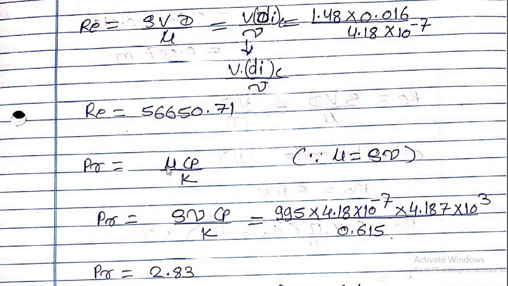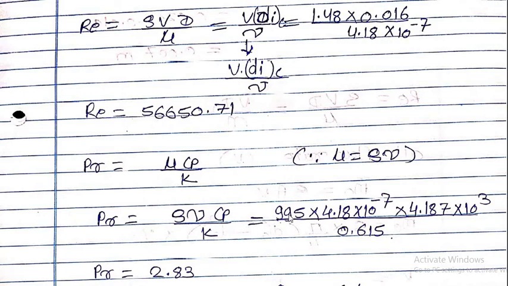So instead of mu we put density multiplied by kinematic viscosity. So Prandtl number is equal to density multiplied by kinematic viscosity multiplied by specific heat divided by thermal conductivity. All these properties should be considered for water only, because it is the fluid flowing through the copper tube.